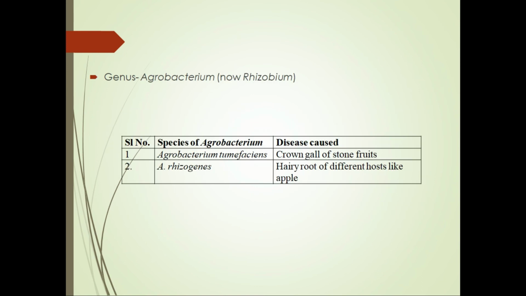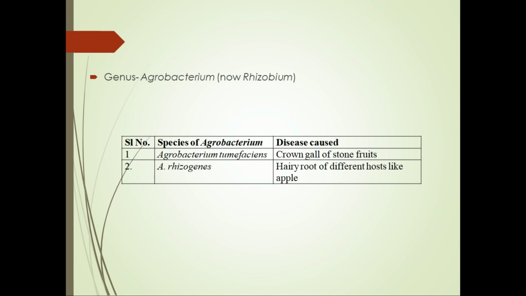Agrobacterium. With the change of classification or change of techniques to classify or identify, Agrobacterium is now scientifically more correct as Rhizobium. Agrobacterium tumefaciens causes crown gall disease of stone fruits because it has a plasmid, the Ti plasmid or tumor inducing plasmid.